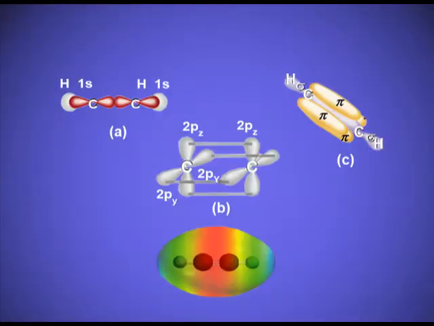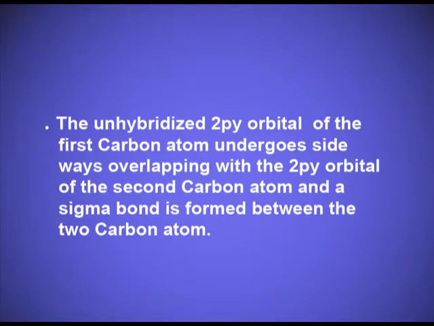In figure C, you can see the electron clouds, the pi electron clouds above and below the plane and surrounding the sigma bond. The unhybridized 2py orbital of the first carbon atom undergoes sideways overlapping with the 2py orbital of the second carbon atom, and a pi bond is formed between the two carbon atoms.